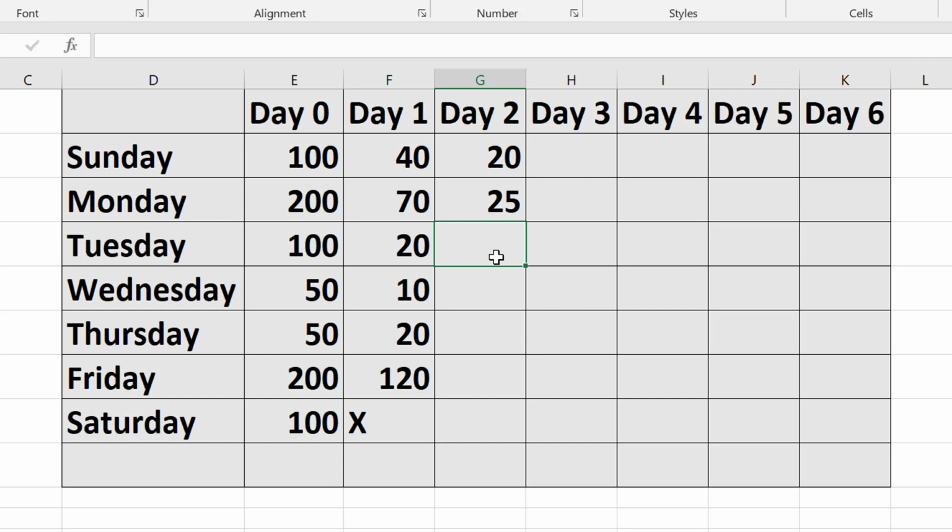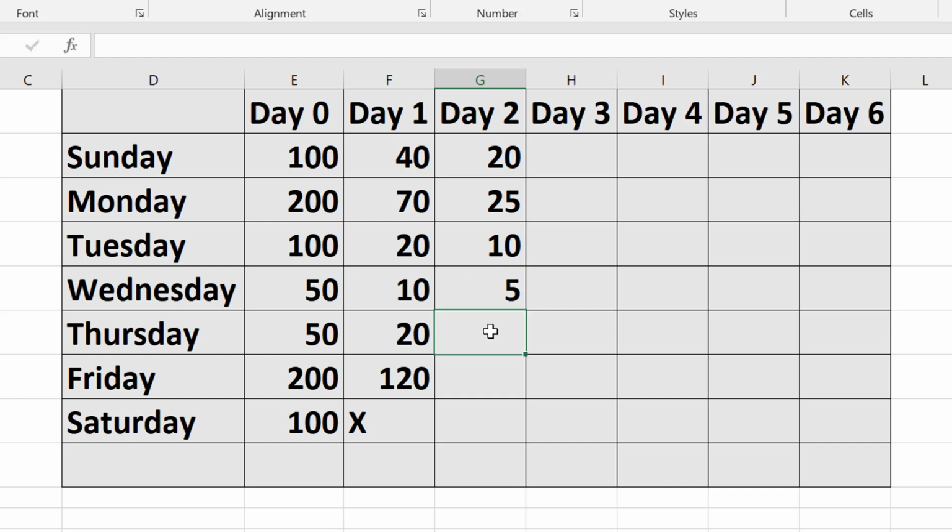Okay. Then on Tuesday, we acquired 100 people, which came down to 20 on Wednesday. And then let's say this number came down to 10 on Thursday, which is day 2. Then on Wednesday, it is 50, 10, and then let's say 5 on day 2.